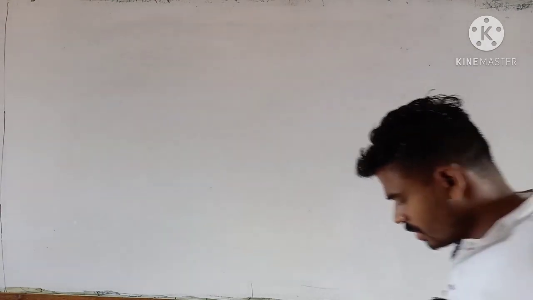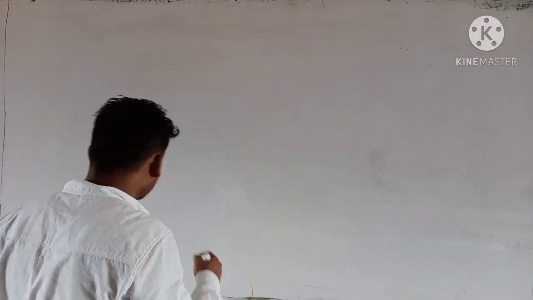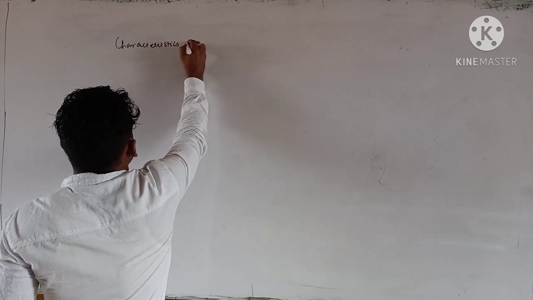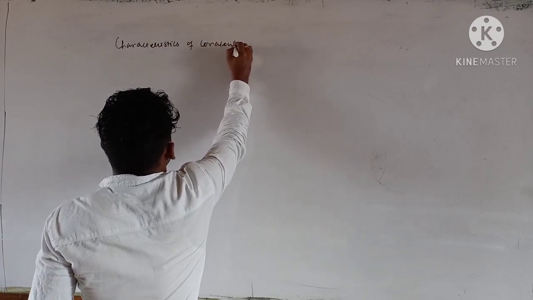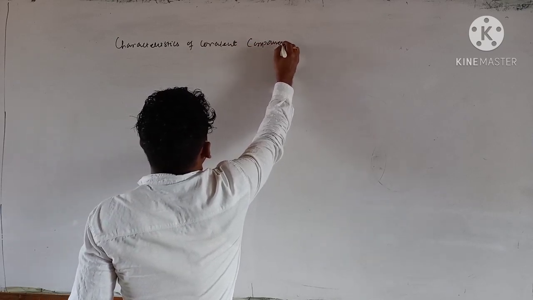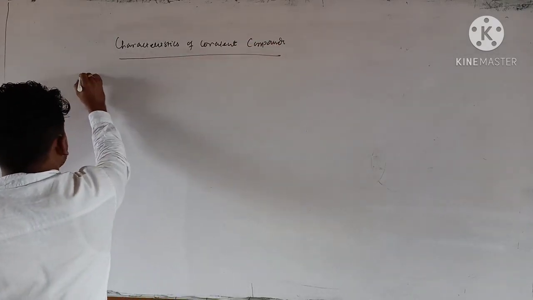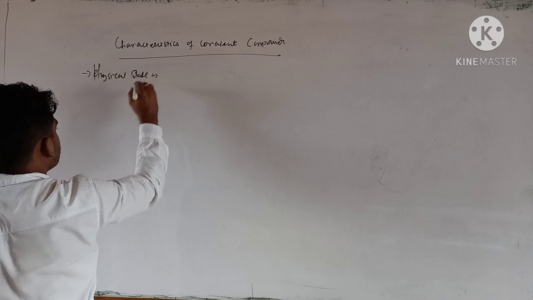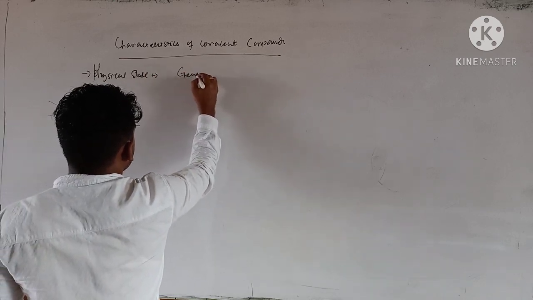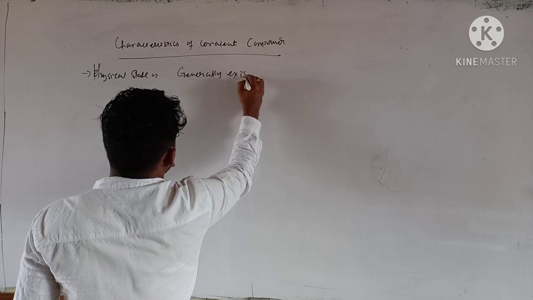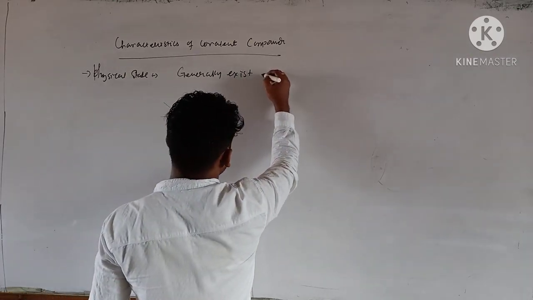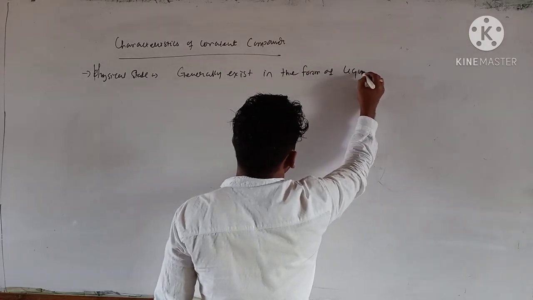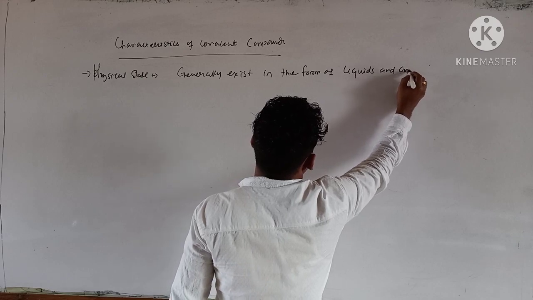Next, we consider the characteristics of covalent compounds. First one, if we consider physical state, then most generally they exist as liquids and gases.